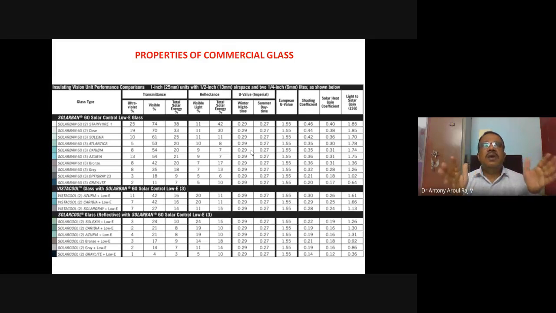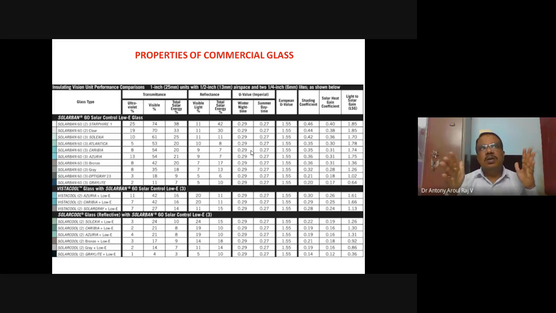You have to decrease the overall heat transfer coefficient, like how you are decreasing the overall heat transfer coefficient for a wall. You have to reduce the overall heat transfer coefficient for a glass. So that means you require an insulating glass. Insulating glass means a glass with low U value. But already glass itself is an insulator; we use glass fibers as insulators.